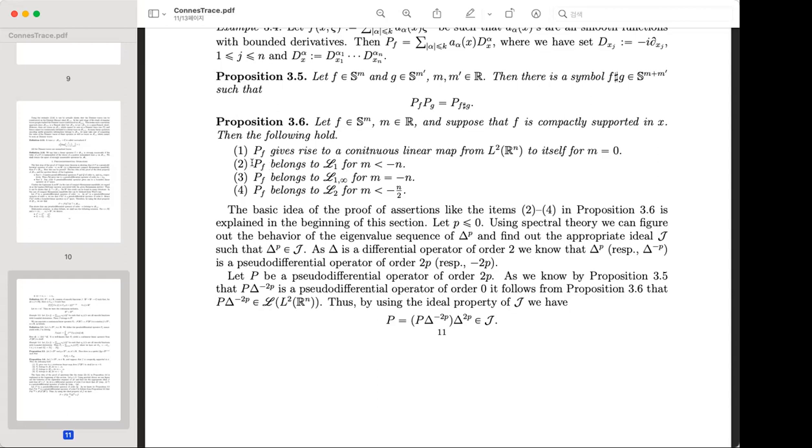So this operator itself belongs to a better Schatten ideal.